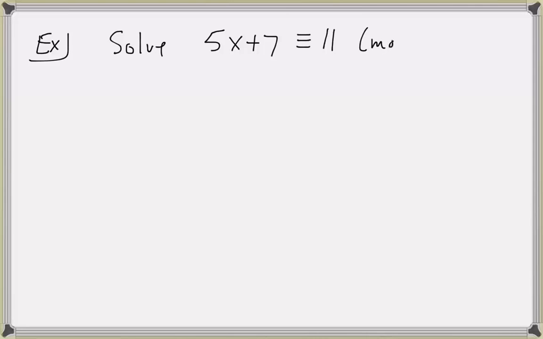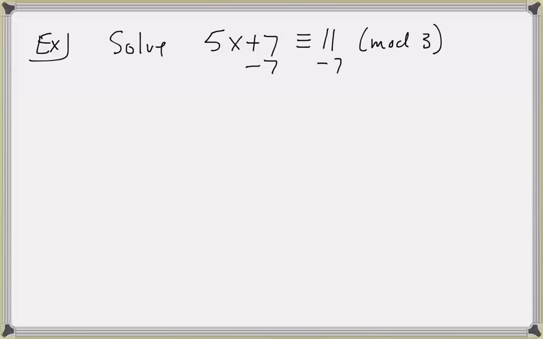Let's solve another congruence. So now let's solve 5x plus 7 is congruent to 11 mod 3. Well, let me subtract 7 from both sides.